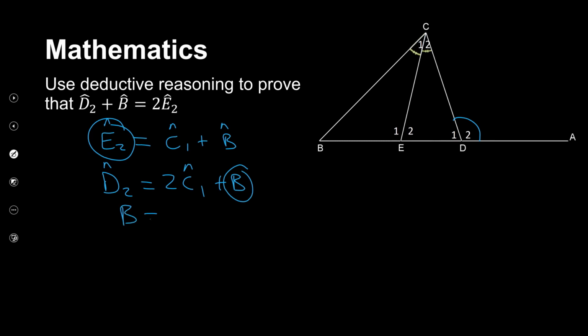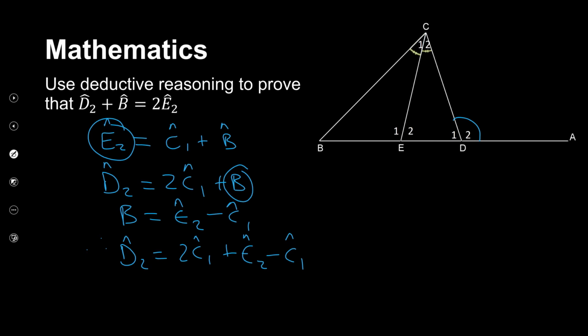B is equal to E2 minus C1, and therefore D2 will be equal to 2C1 plus E2 minus C1.